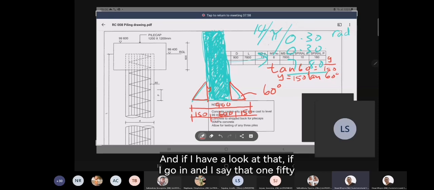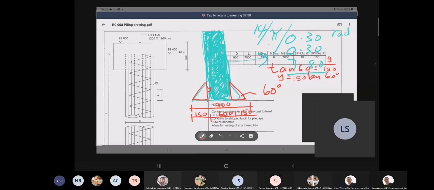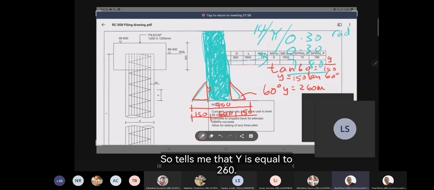And if I have a look at that, 150 tan 60 gives me 260 millimeters. Do you agree with that? So it tells me that y is equal to 260 millimeters.